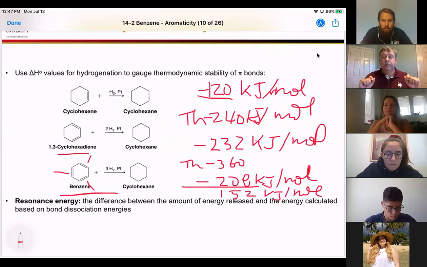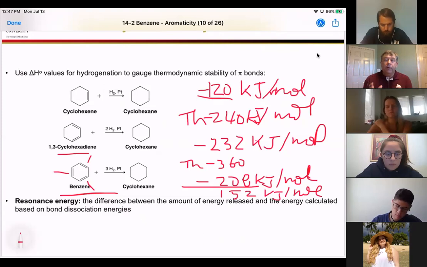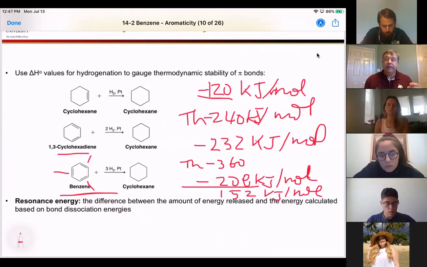It does sound better. I'm sorry, could you please go back over the concept of going from benzene to cyclohexane? That wasn't quite clear. Okay, so what I wanted to show you here is that through experimentation, we can prove that benzene, having its delocalized electrons in a ring, is more stable than having isolated double bonds.